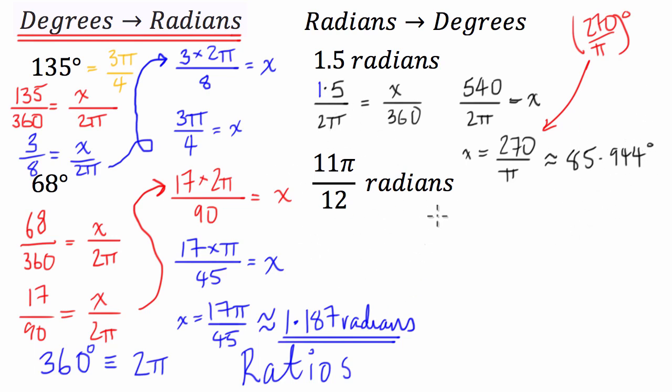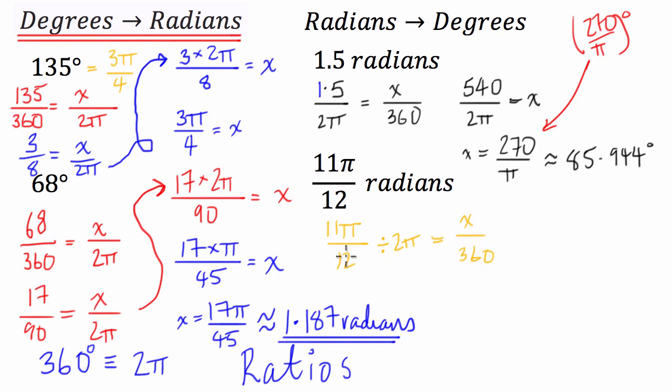Okay, so the last one here, we have 11 pi on 12 radians. Now, for me, I would prefer to be converting the second one than the first one, but that's just a bit of personal preference. Okay, let's change colors again, because what we have is 11 pi on 12, divided by 2 pi, has to be equal to the amount of degrees we have divided by 360.